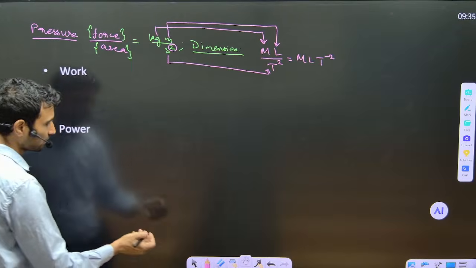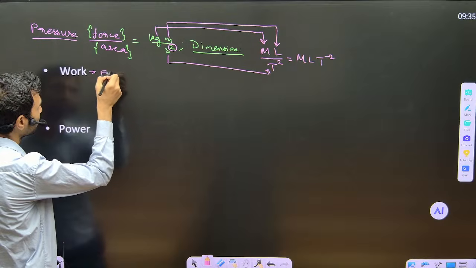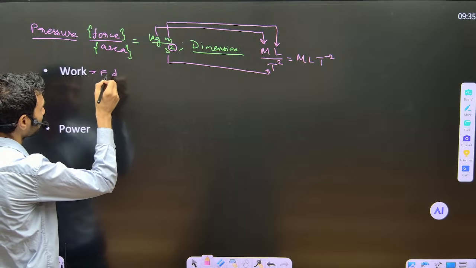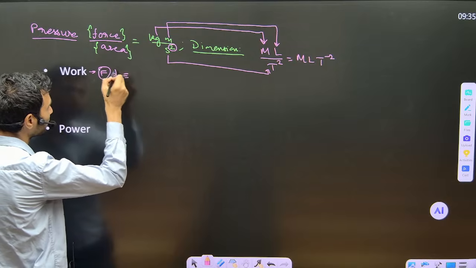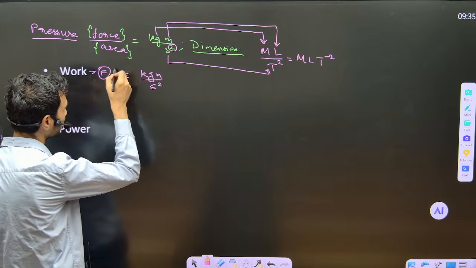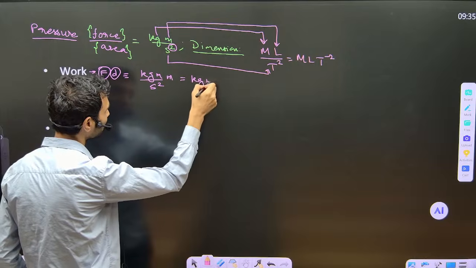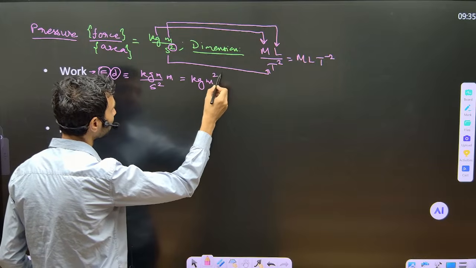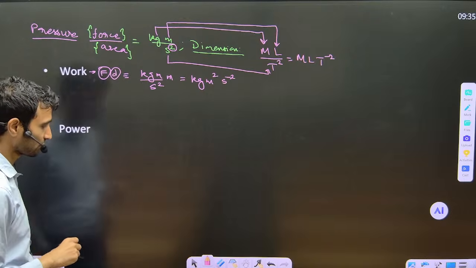Now let's see work. So work is force into displacement. And if you see the units, force unit, as we know, is kg meter per second square, and displacement is meter. So that becomes kg meter square second to the power minus 2.